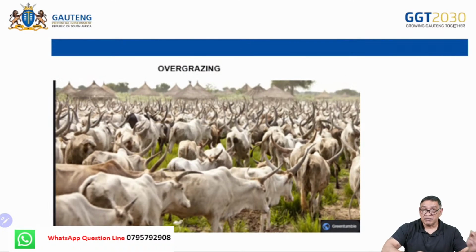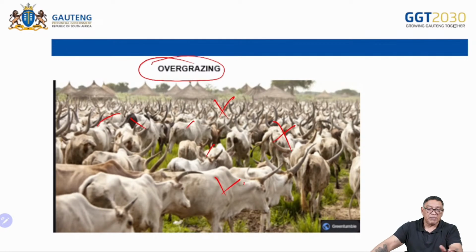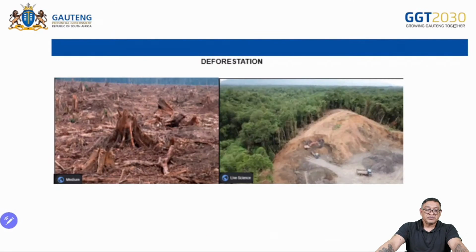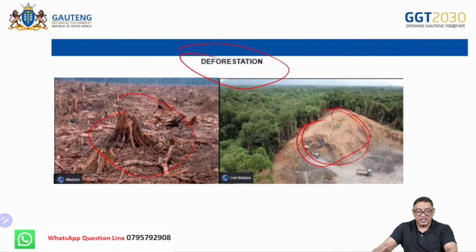Now, let's look at some specific facts according to the guideline. Overgrazing. Too many cattle. Can you see it? Lots of cattle on one area are eventually going to eat up all the vegetation of the area. It's going to leave it dry and result in soil erosion. Look at this. Deforestation. All these forests. This is part of the Amazon, where things are happening and it's causing climate change, as we're removing it.